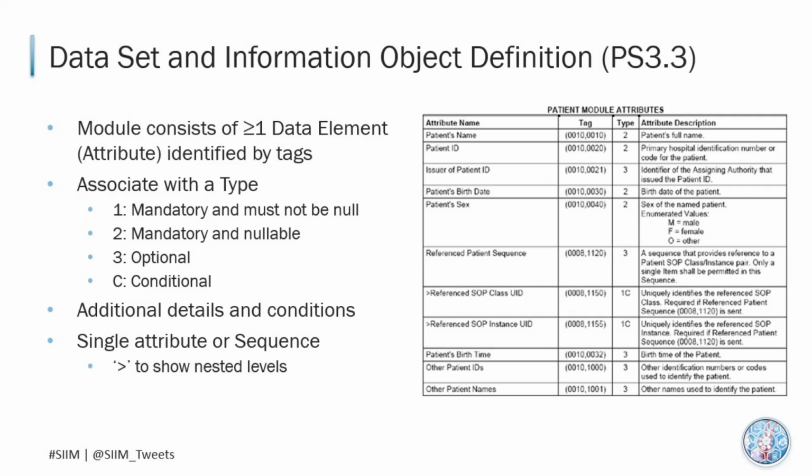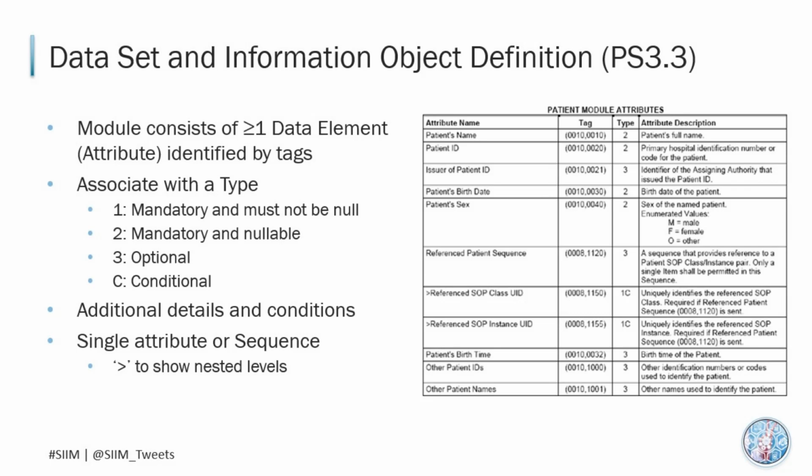Each attribute has a type. Type 1 means mandatory and cannot be empty. Type 2 means mandatory but can be empty. Type 3 means optional. Also, sometimes you can see a C, like 1C or 2C. C means conditional. In the description, it will specify what are the conditions.